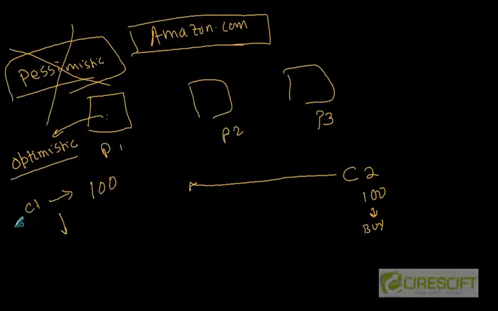In optimistic locking, let's say customer C1 reads 100, customer C2 reads 100, and nobody is locking anything at this point. Whenever they actually decide to buy, that is when they are going to update.